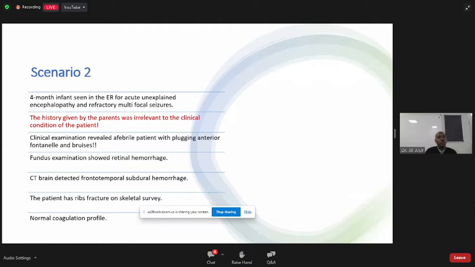Scenario number 2, also addressing infantile encephalopathy. This is a 4-month-old, as you can see. It is infantile age, seen in the emergency department for acute unexplained encephalopathy and refractory multifocal seizures. As you see here, most of my scenarios are in the neonatal and infantile period. I'm talking about focal seizures.